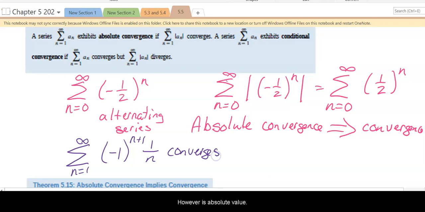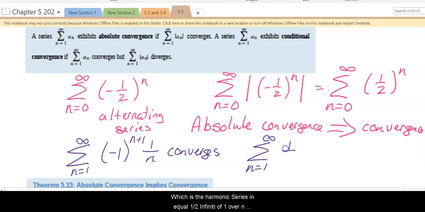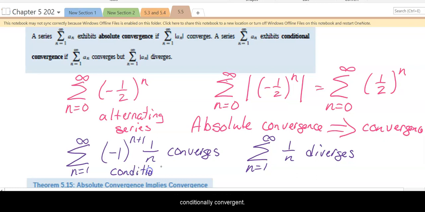However, its absolute value, which is the harmonic series, n equal 1 to infinity of 1 over n, diverges. Hence, we say that this series, the alternating series, is conditionally convergent.